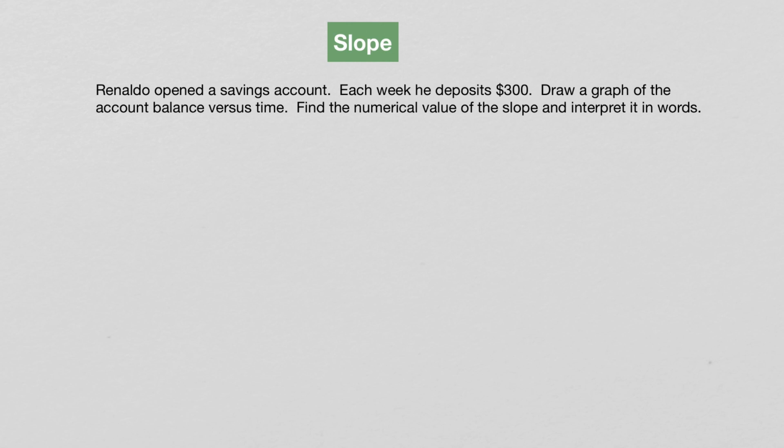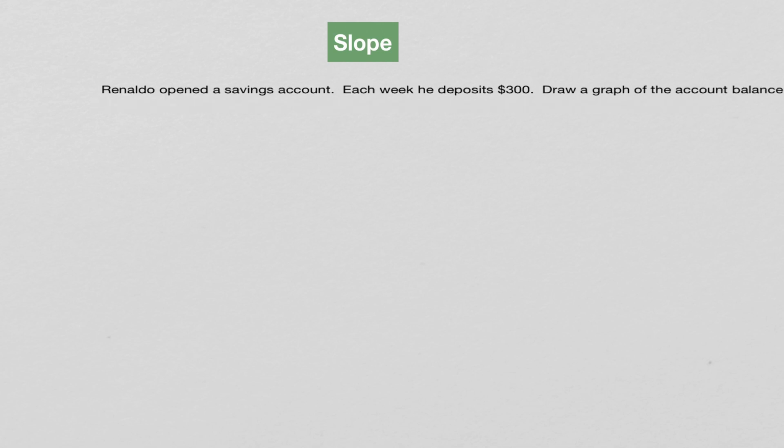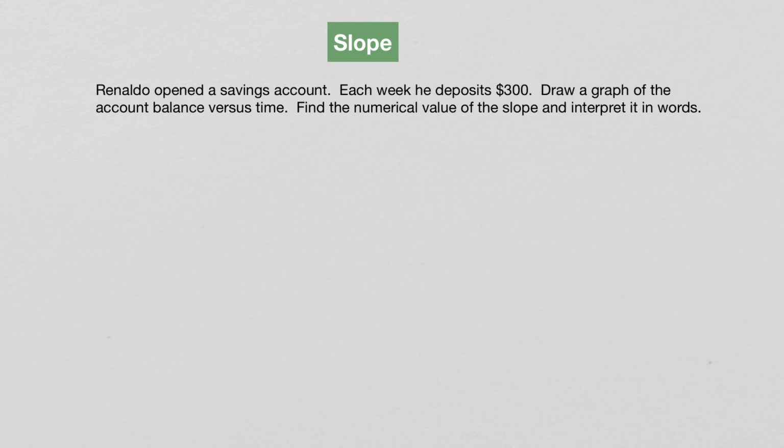So let's do that. Okay, so we're going to draw a graph. On the x-axis, or the horizontal axis, we're going to have weeks. Week 1, week 2, week 3, week 4, week 5.